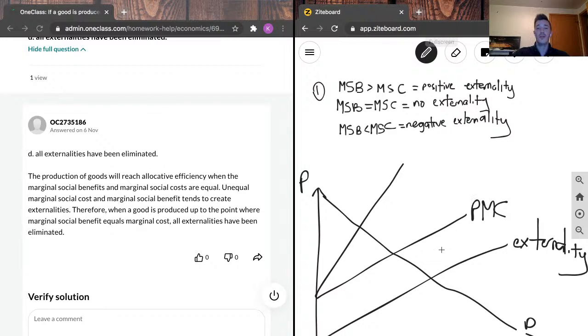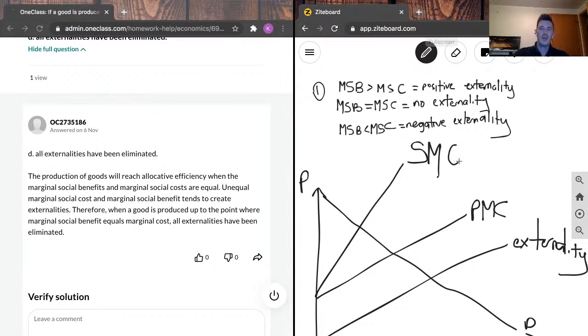If we were to do what's called internalizing the externality, this means making whoever's producing the externality pay for it. Then we would sum the private marginal cost line and the externality line to form the social marginal cost line.